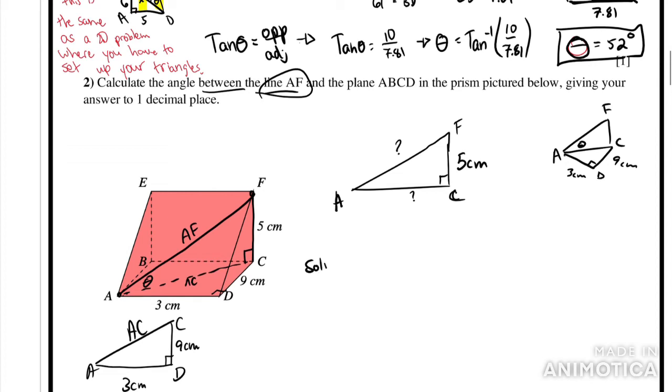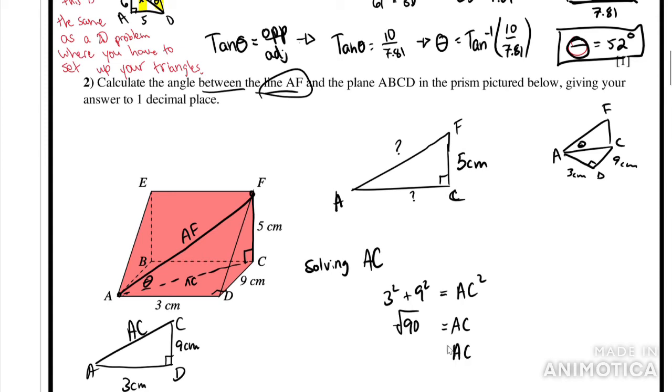So again, solving A to C, I have 3 squared plus 9 squared is equal to AC squared. And plugging in, this will give me 90 on this side.